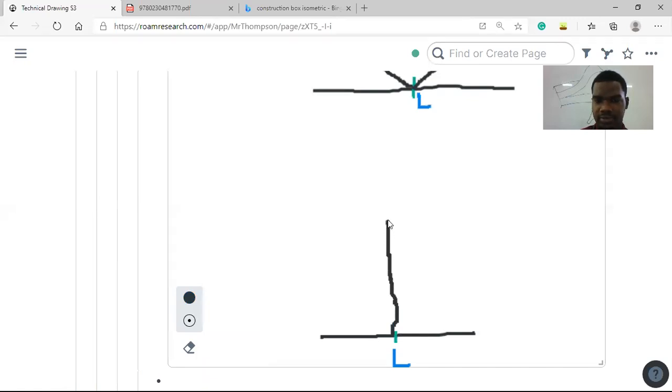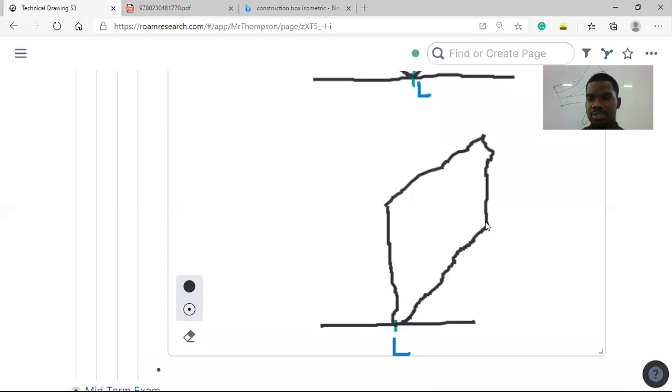That's 70. Okay. Create the 30-degree angle right here. And then we're gonna go up again. Then we're gonna go cross.